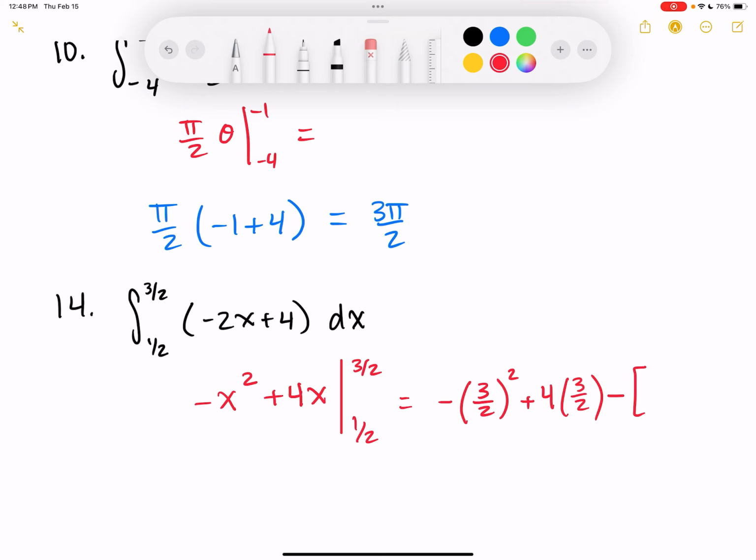Because when I plug in 1/2 now, that minus has to go to both of those terms. And I just prefer to put a bracket and do that later than trying to remember because I tend to forget a piece of it when I do it that way. So, negative 1/2 squared plus 4 times 1/2.